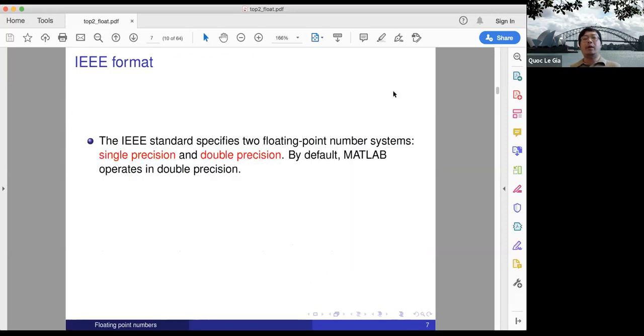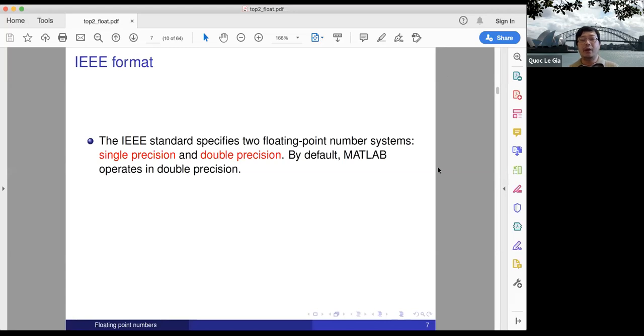And IEEE, so what is IEEE? Who knows what is IEEE? Somebody from engineering? Well, IEEE stands for International something Engineering. You can Google it, but it's an engineering organization. First it was in the US, but now it has become international.